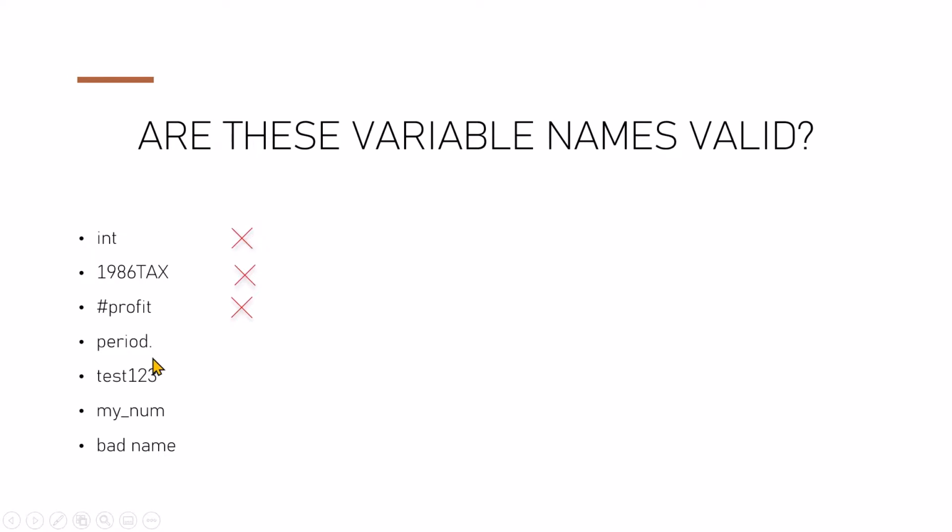Full stops and commas are not allowed, so again that's invalid. Test 1, 2, 3 is valid because it starts with a letter and then combinations of letters and numbers are allowed. The next one again is valid because underscores are allowed in variable names. And the last one again is invalid because spaces are not allowed in variable names.